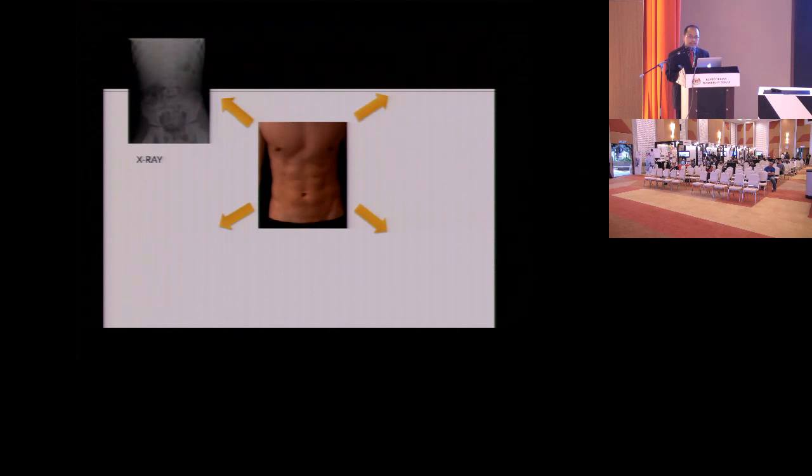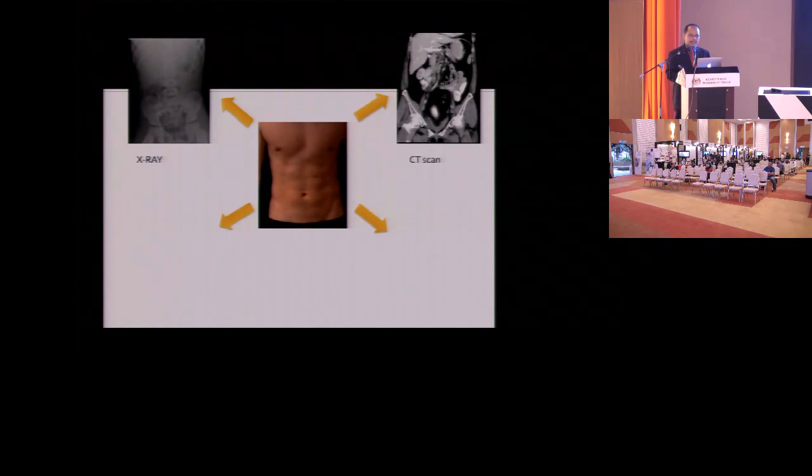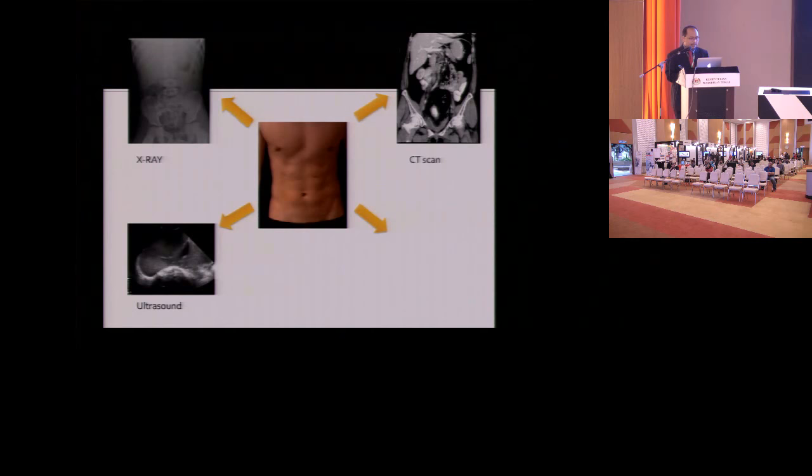So the discovery of X-rays can give you some clue or some information about what is going on inside our body. And then the discovery of CT scan also gives you some further information, better than X-ray. You can see more structure inside your body, and you know what is going on with each organ in your body. And ultrasound can also give you information, because you can see what the structure is like.